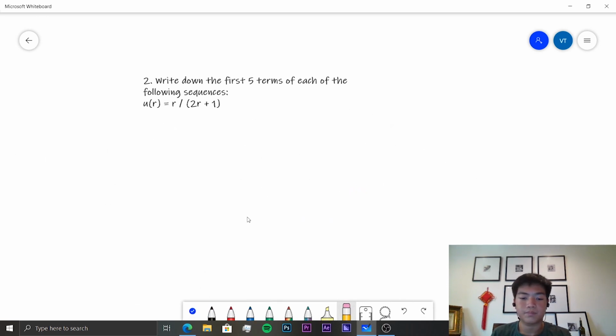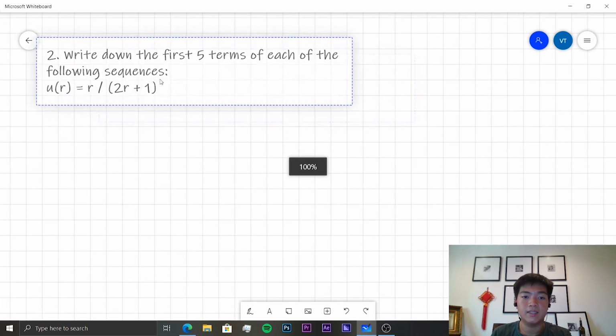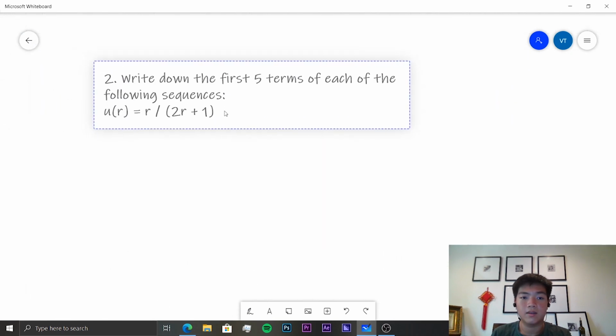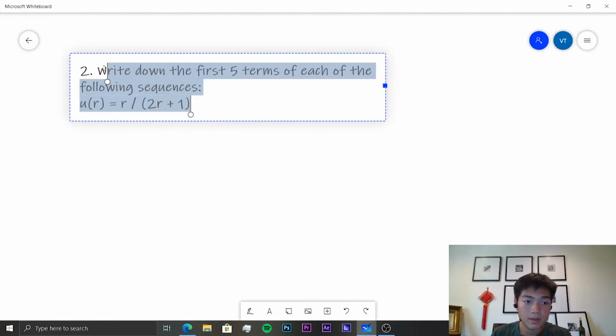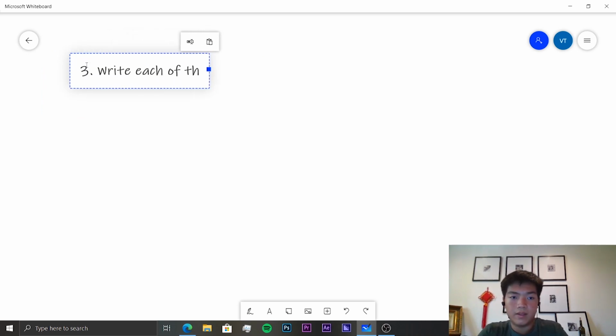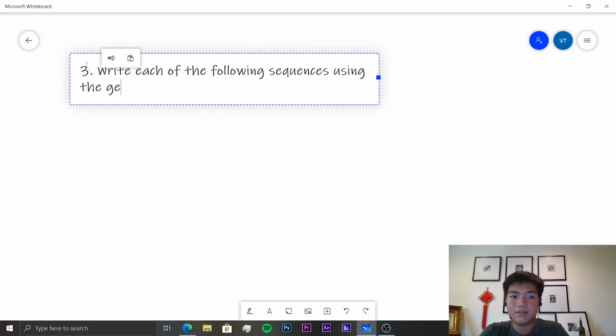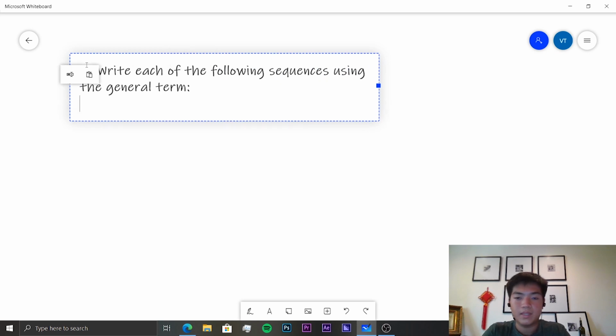So the next question is, write each of the following sequences using the general term. And our first sequence is 5, 10, 15, and 20.